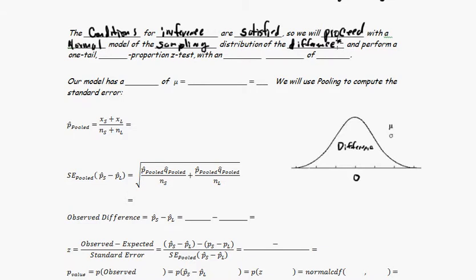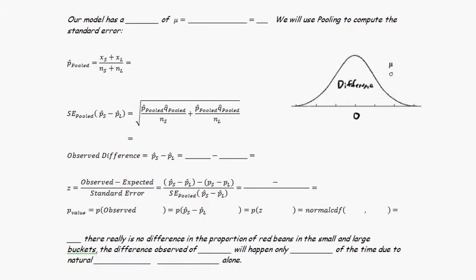And you could say difference in proportions. And perform a one-tail 2-proportion z-test with an alpha level of 0.05. Okay? So now the conditions are met, so now we can proceed.